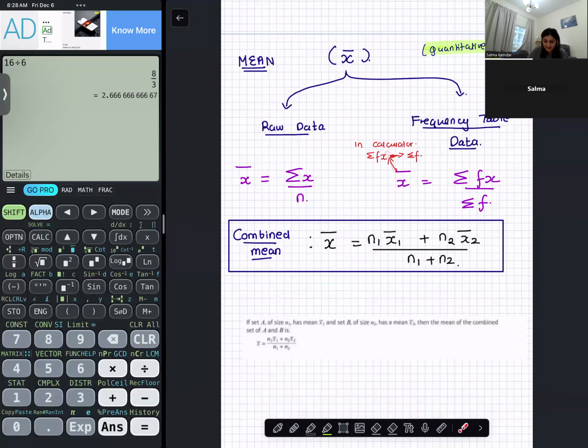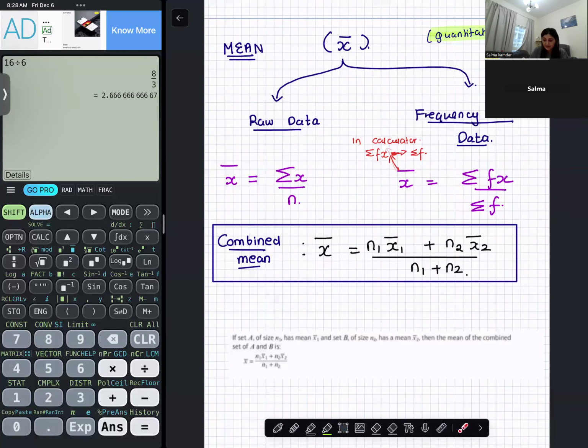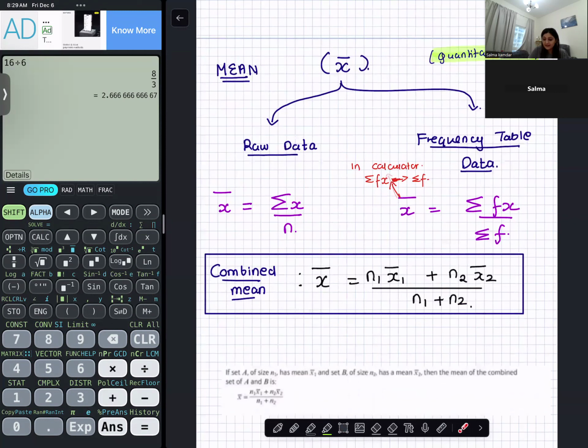So let's take it in the context of our syllabus. My mean can only be calculated for quantitative data. Okay, so the mean would be written as x bar. Mean can be calculated for your raw data, and it can also be calculated for your grouped data, that means from your frequency table data. So the mean of x is nothing but summation of x over n.